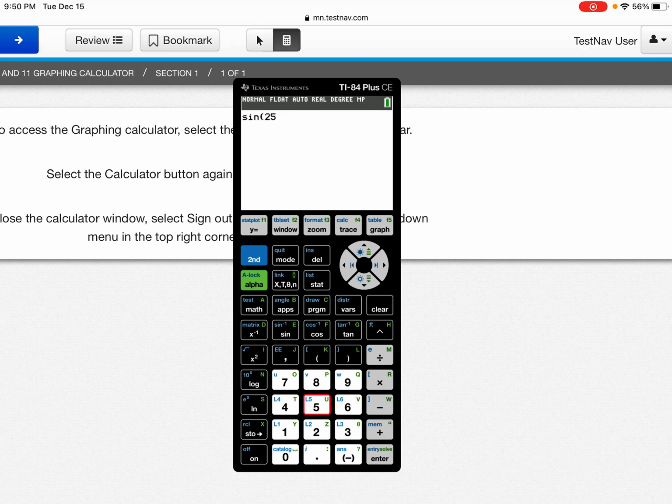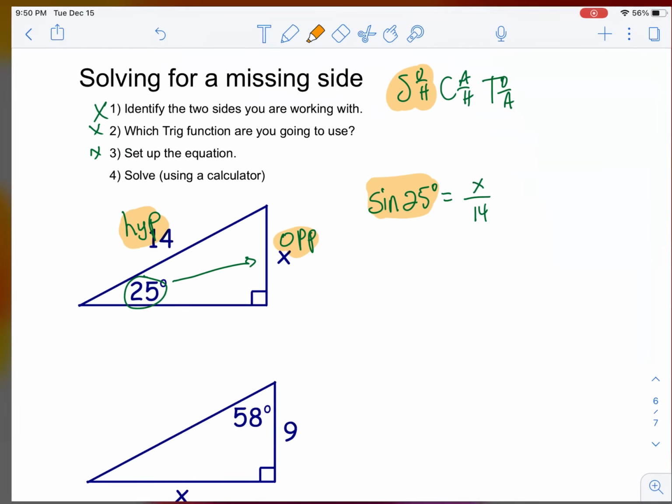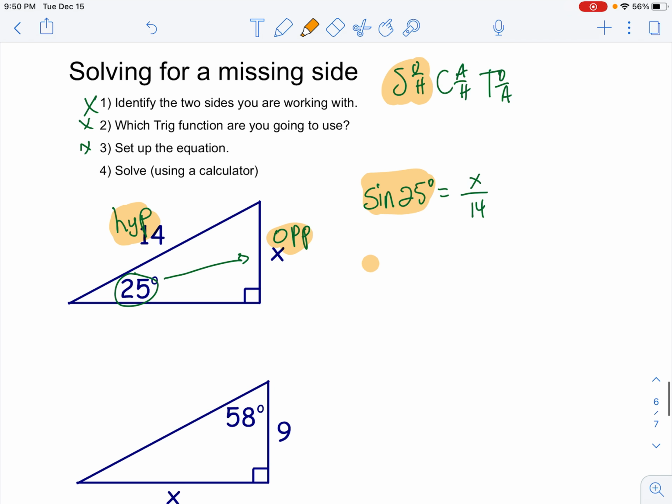Then hit sine 25. And the sine of 25 degrees is 0.4226. So let's head back here. Sine of 25 is, whoops, let me grab the pen. 0.4226 equals x divided by 14.